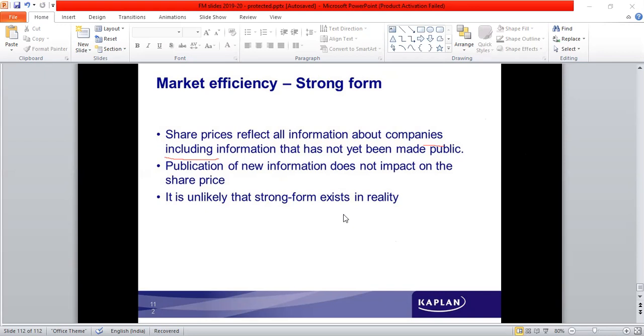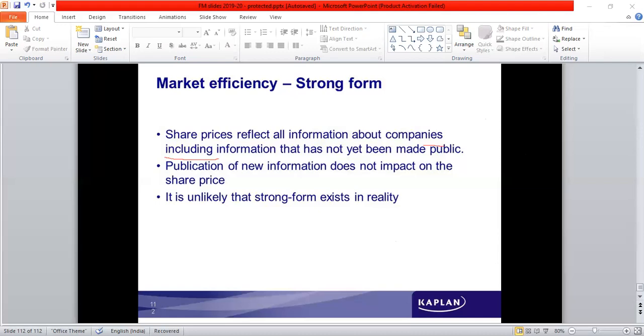So this is market efficiency, the various types of efficiency. The first one is the weak form of market. The second one talks about the semi-strong form of market. The third one talks about the strong form of market.